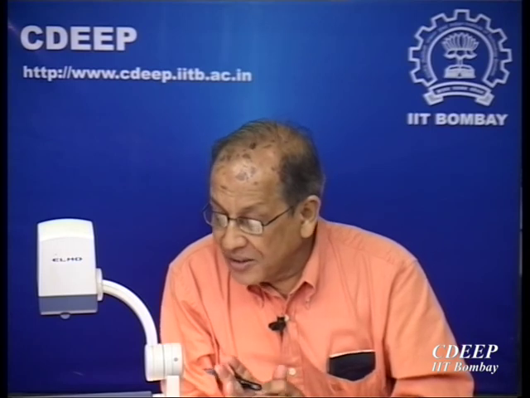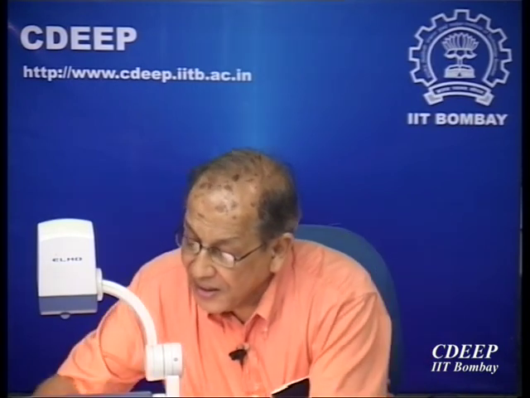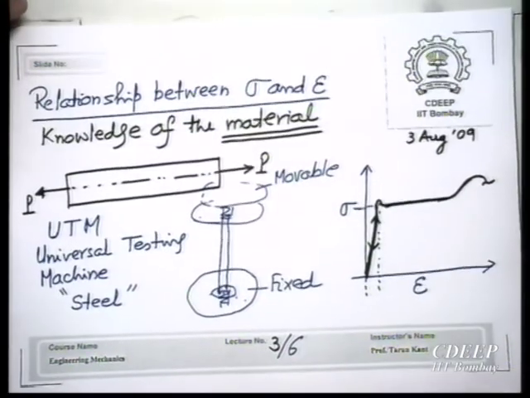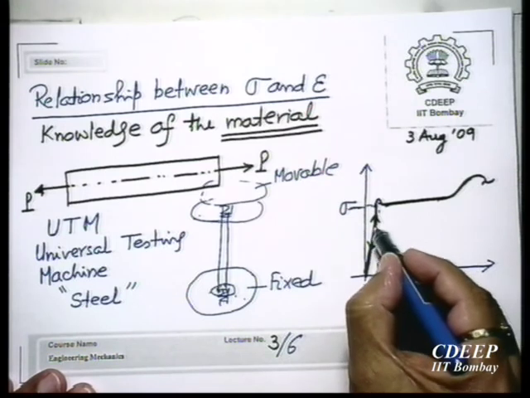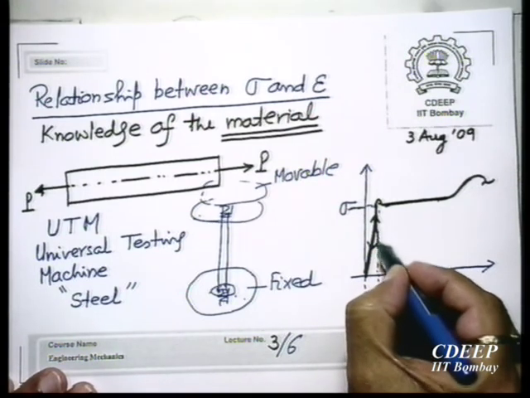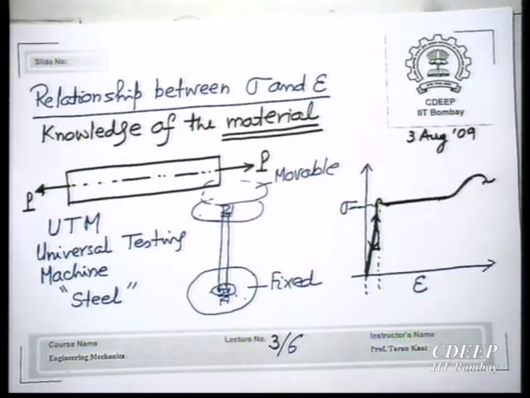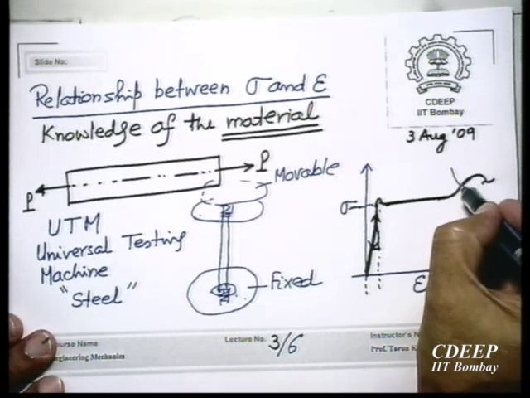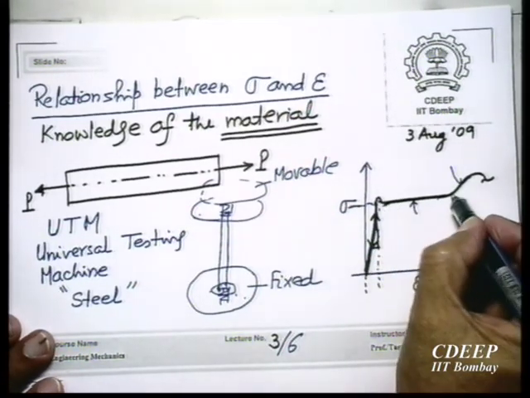So, I would stop here. Now, only one thing I will tell you, because most of our discussion in this course will be for materials which are loaded only up to this point. We will not go beyond plastic and strain hardening. So, this is called strain hardening, this is the plastic region from here to here.